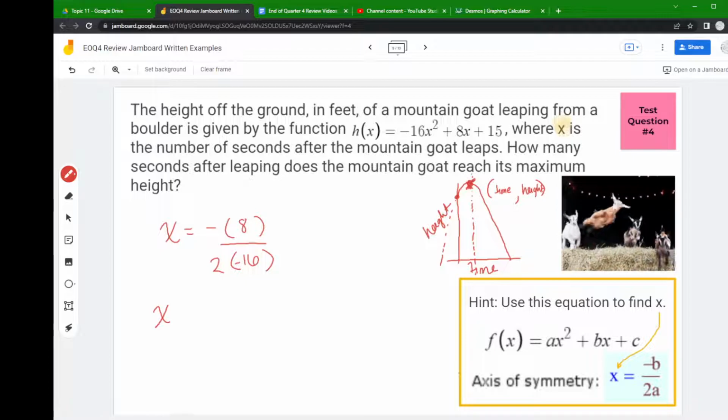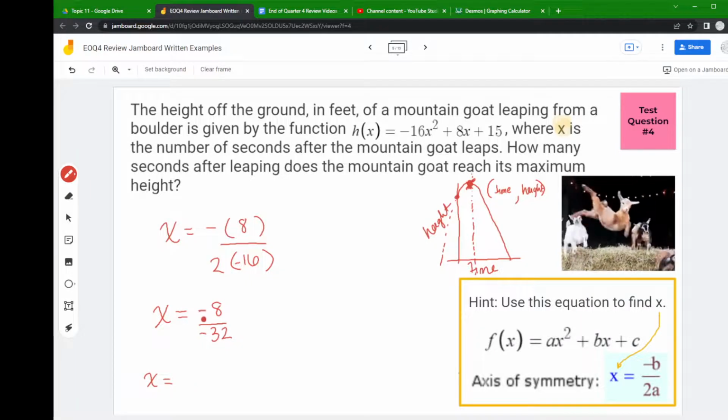And so now I just start simplifying this yucky equation. Up in the numerator of the fraction, I have a negative 8. So I'm just dropping those parentheses. And then down below, 2 times negative 16 is negative 32. Now the negative and the negative, they cancel each other out. Okay? And that kind of makes sense. If we're talking about time, it doesn't make sense for this to be the negative time.